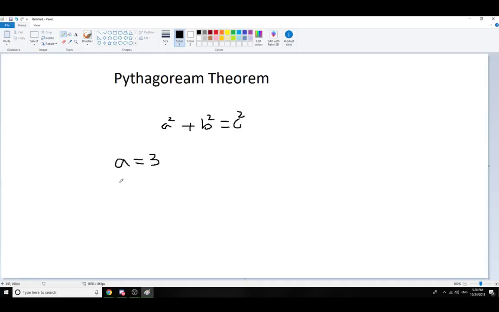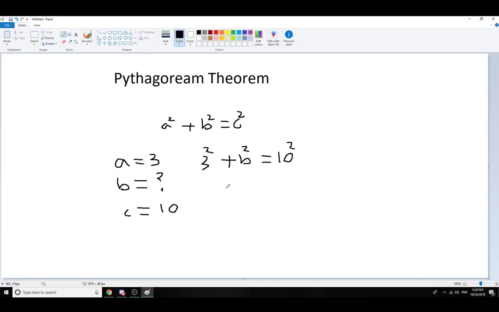And we'll have B equal, well, we don't know what B equals, but let's do C equals 10. So let's plug our numbers in here. It's going to be 3 squared plus B squared, we don't know what this number is, equals 10 squared, right?